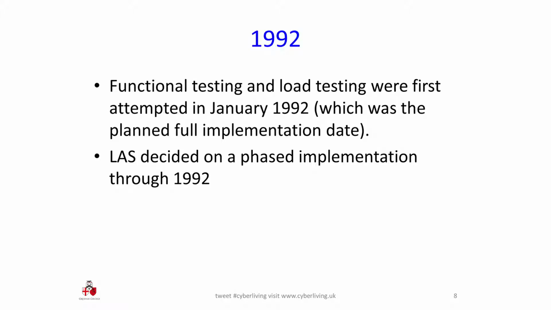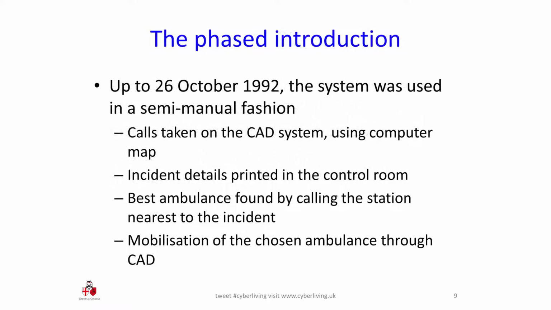They ran into some problems, and in order to show that progress was being made, London Ambulance Service decided on a phased introduction of the new system. And for the rest of 1992, or at least up until the 26th of October, they used the system that they'd got in a semi-manual fashion, whilst continuing to implement bits of it that weren't there, to update things when there were problems.